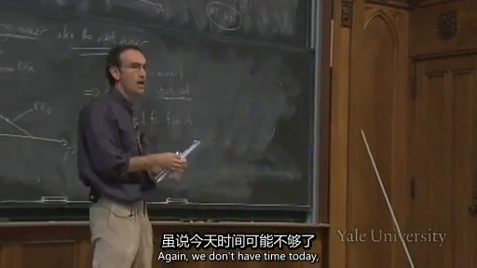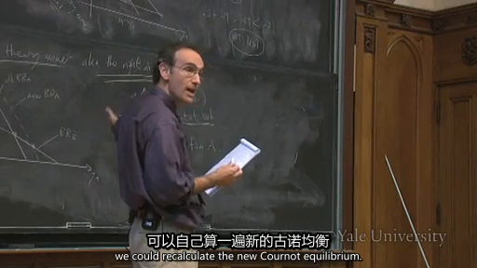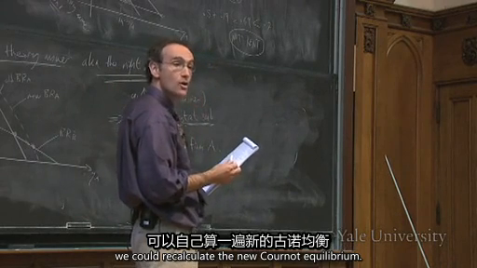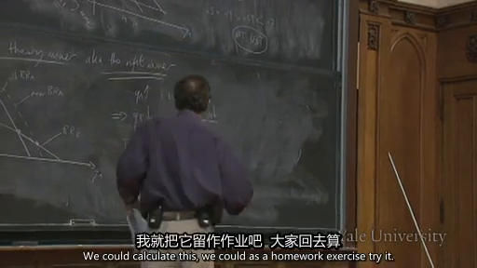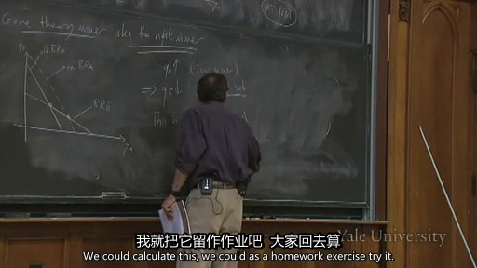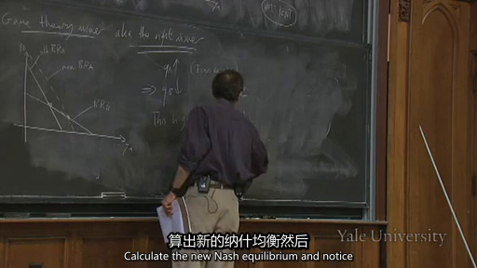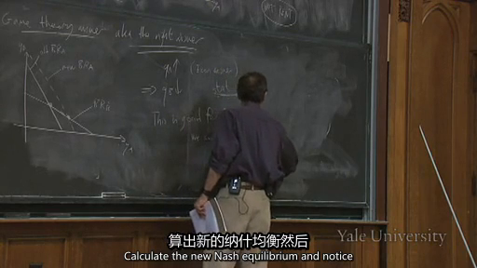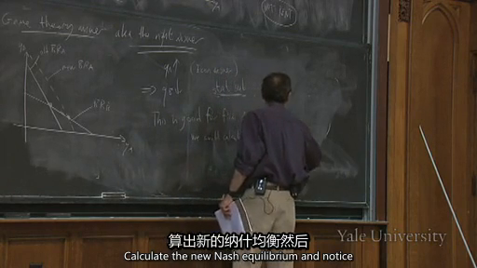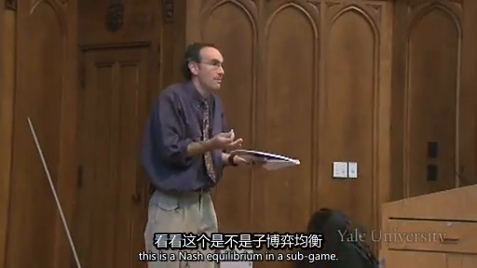Again, we don't have time today, but what we could do is we could go back and we could recalculate the new Cournot equilibrium, right? We could calculate this. We could, as a homework exercise, try it, calculate the new Nash equilibrium, and notice this is a Nash equilibrium in a subgame.